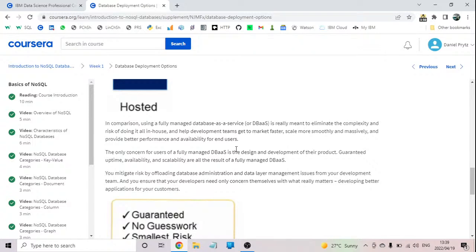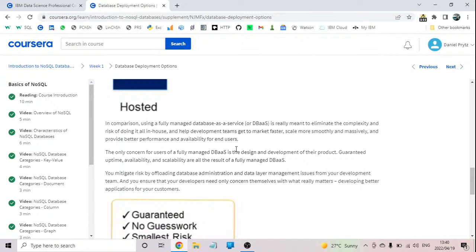So how would I describe DBAS? I would say it's less risky because you don't have to have a development team. Why would there be no guesswork? There's no guesswork because you don't have to worry about a million things, like keeping track of patches of software, having contacts for support, providing information to other people, documentation.